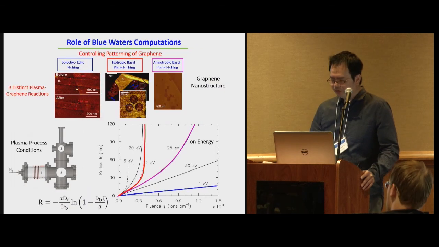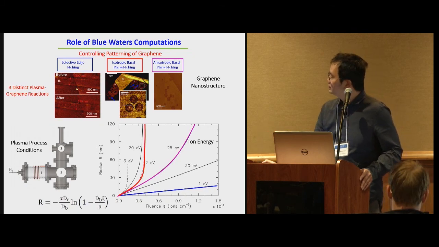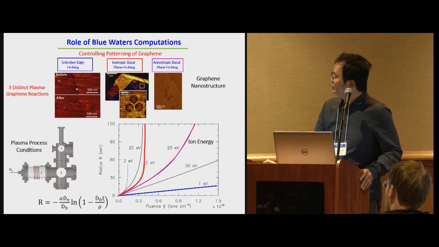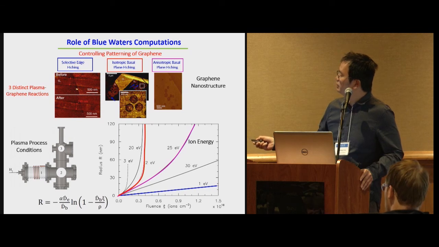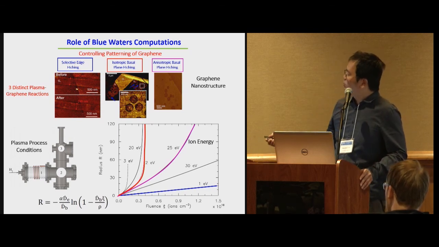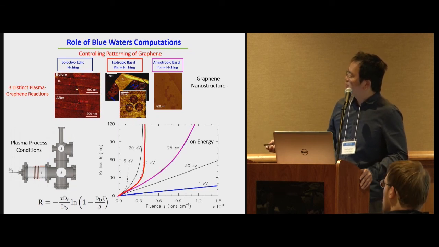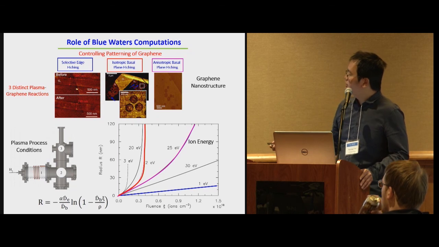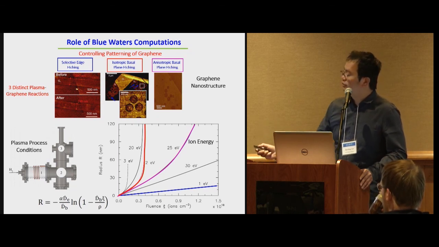So with these simple simulations performed on Blue Waters, we are now able to understand why, first of all, these three distinct plasma-graphene reactions actually happen. That's the first thing. We are able to predict when they will actually happen, and we can now go back and look at the plasma process conditions that can be tuned to achieve these graphene nanostructures.